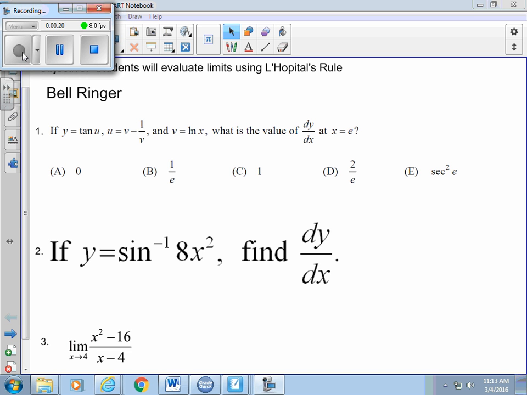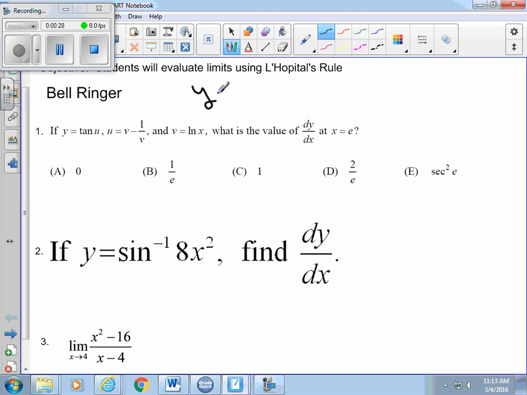What did you do? Plugged everything in to begin with. So if you did that, you have tangent of v minus 1 over v.